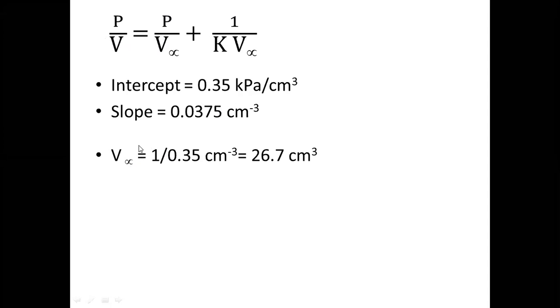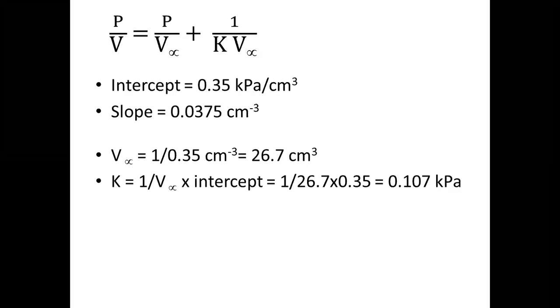So when you get the v infinity, you are just dividing: 1 divided by this, the value will be 26.7 centimeter cube.